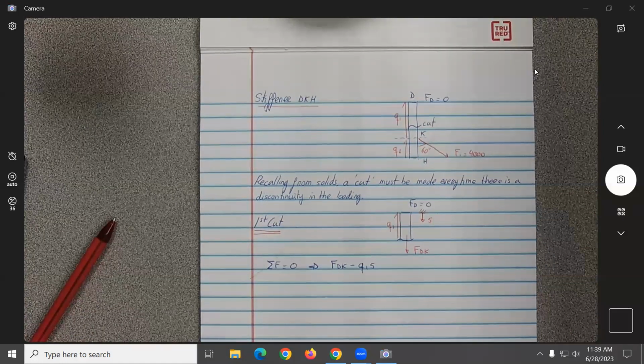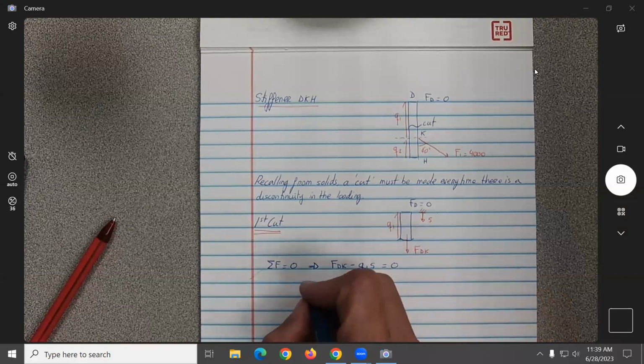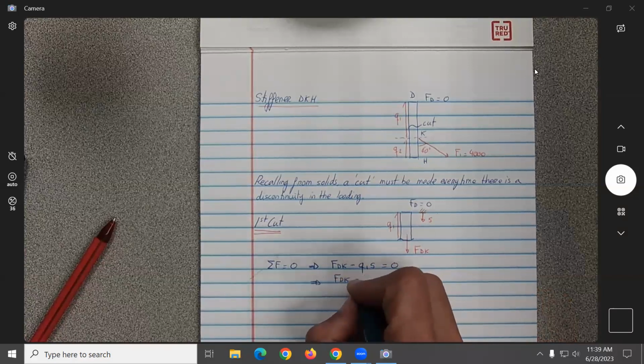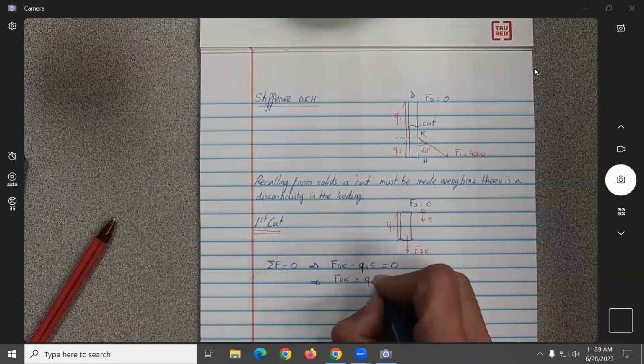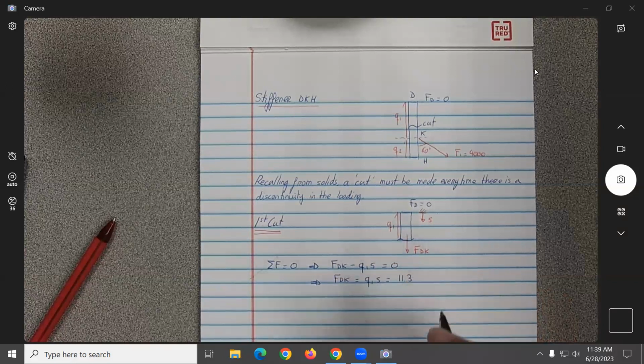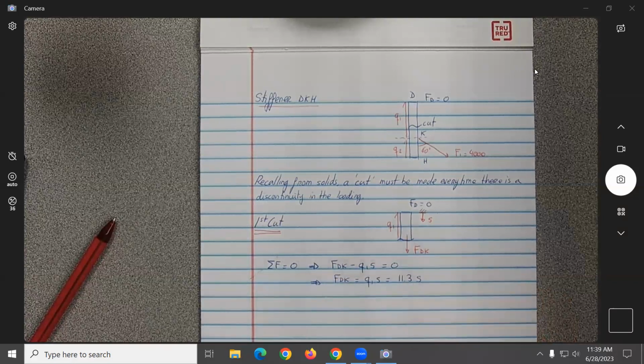Yeah. Equal to 0. So this is going to give you that F DK would be equal to Q1 times S. I don't have the class notes here, but from what I have over here, I guess Q1 was equal to 11.3. So this would be 11.3 S.